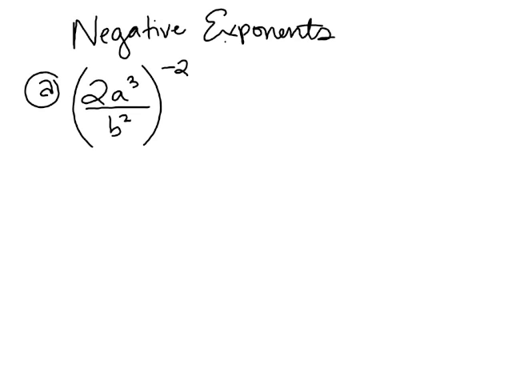What's the rule when I have a negative exponent? It crosses itself out and makes it positive. Okay, this flips over, so it turns into b squared over 2a cubed, all squared. So to get rid of a negative exponent, I need to use the reciprocal, and take away the negative sign.